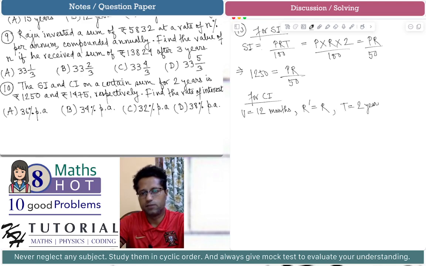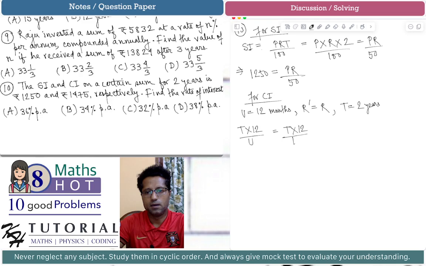We have to find small n and the fraction a by b from the value t multiplied by 12 divided by u. This is of course equal to t, because this is t multiplied by 12 divided by 12, which is equal to 2.